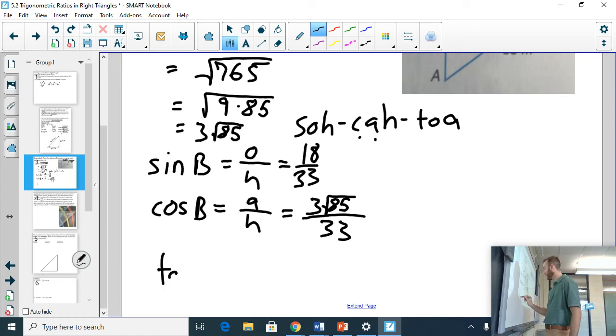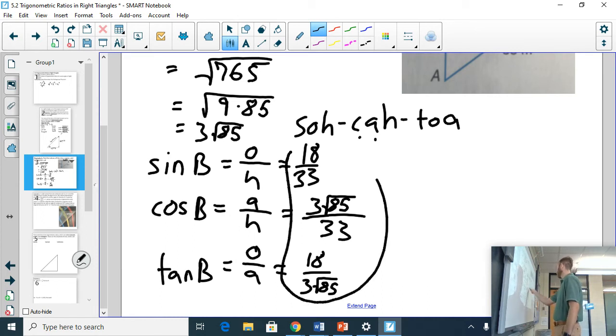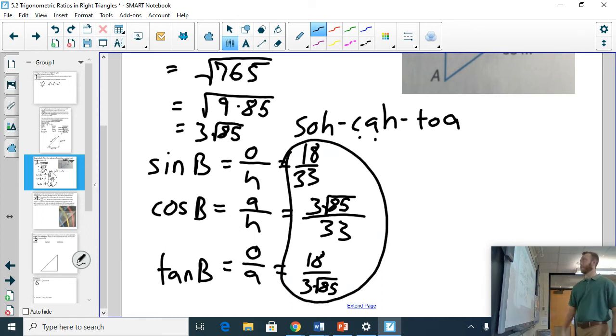And then the tangent of angle B is opposite over adjacent, TOA, and that will be the opposite side, which is 18, and the adjacent side was 3 square roots of 85. And that is our answers for each of those.